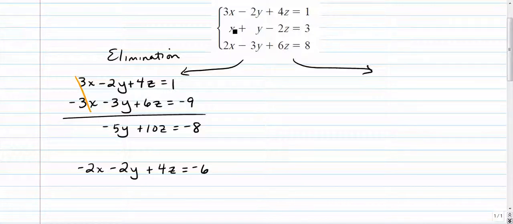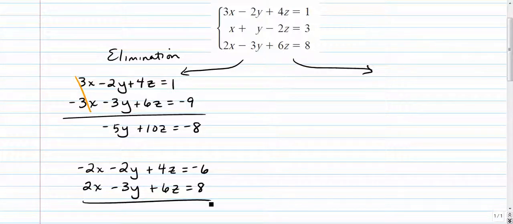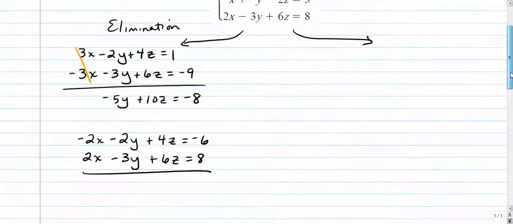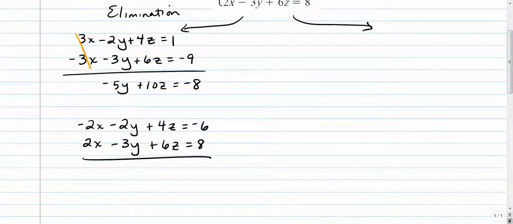That was the product of the middle equation by negative 2. I'm going to rewrite the bottom equation. Add them. We get a nice cancellation here. Negative 5y plus 10z equals 2.